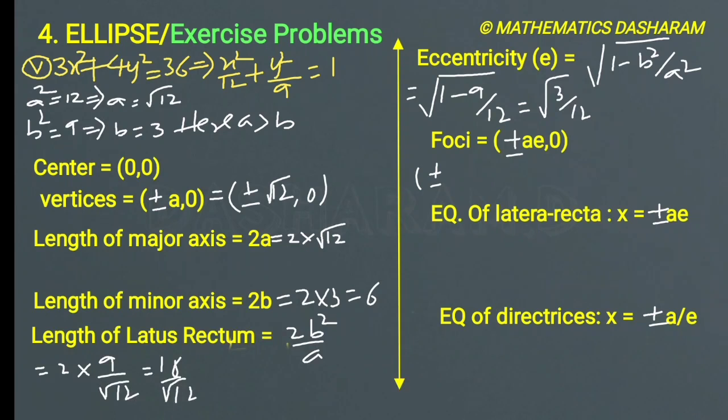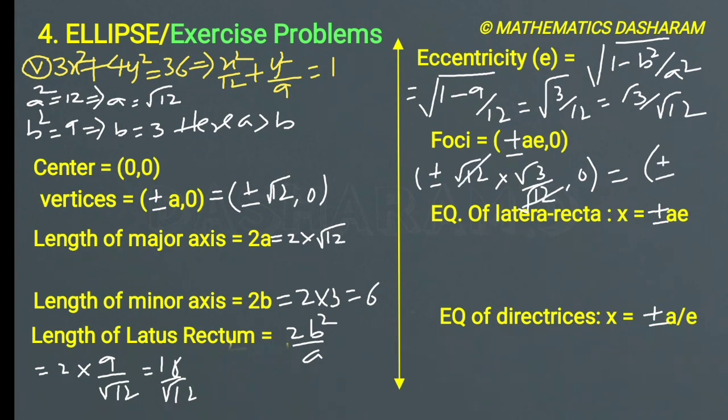So plus or minus a value is root 12 and e value is root 3 by root 12. Root 12 cancels, so plus or minus root 3 comma 0.